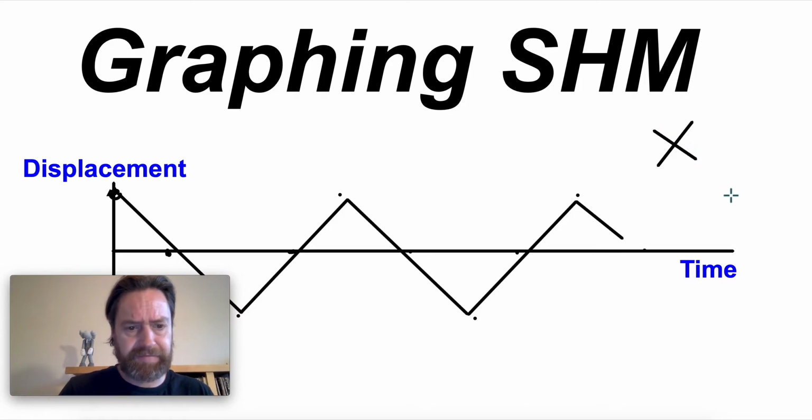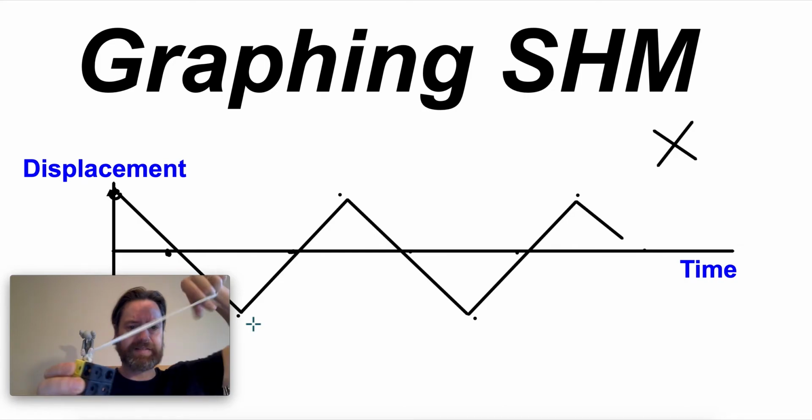The red flag to me is that I know on a displacement time graph, a straight line means constant velocity. So if you've sketched something like this, it's definitely wrong, because you're saying it's going at a constant velocity and then suddenly going at another constant velocity. So it would be like this.